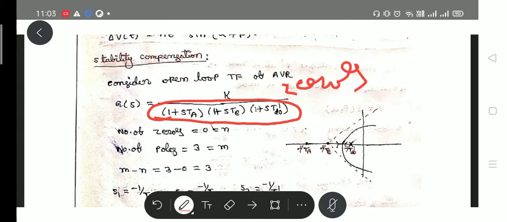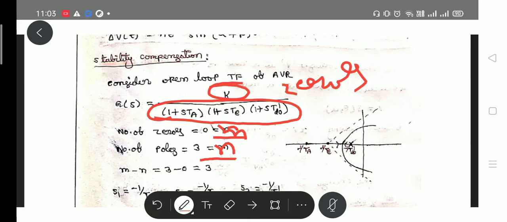The number of poles will be represented as small n and the number of zeros as small m. Here no zeros are there in the numerator, so the number of zeros is taken as 0.